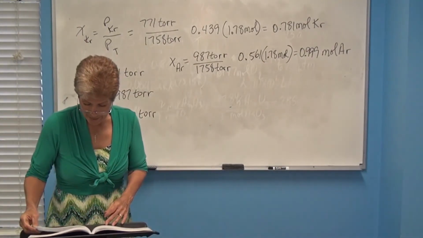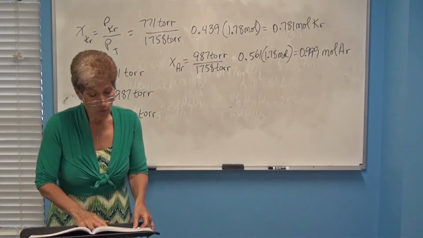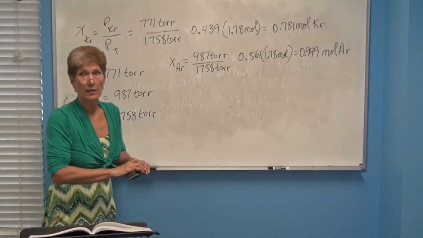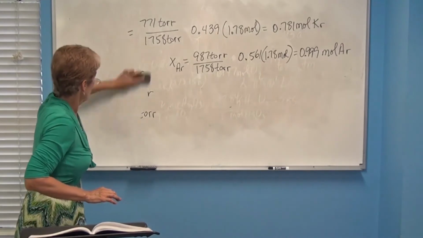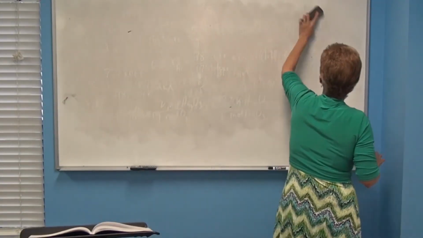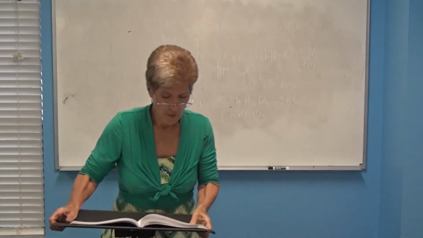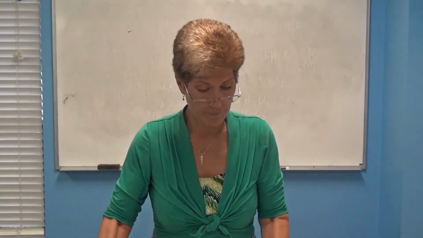Okay. That was number 12. Let's go to number 13, which is on the back side of the test. Number 13, and the last two questions refer to this table.